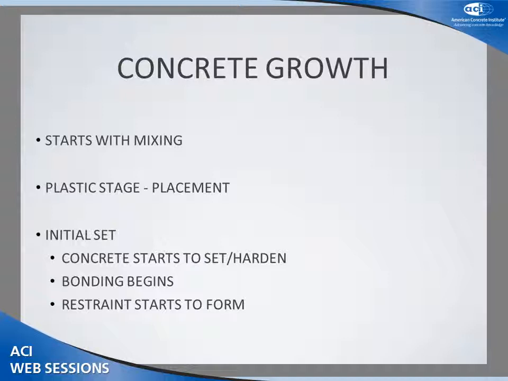And this is true of both type G or type K. During the initial stage, when the concrete is in its more plastic stage, a small amount of unrestrained expansion that is generated results in a slight expansion or slip of the plastic concrete. And this is true with type G and type K components.